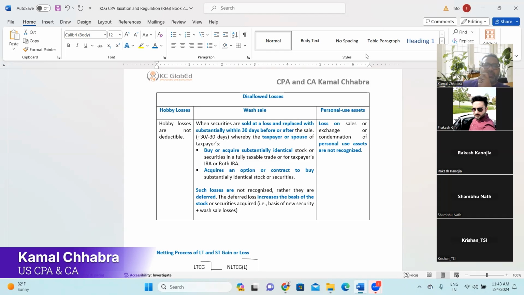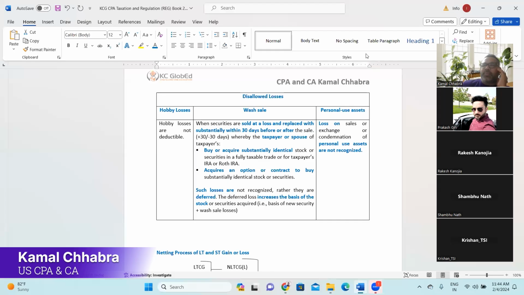In personal property, what did we discuss? Movable assets used for trade and business purposes, right?